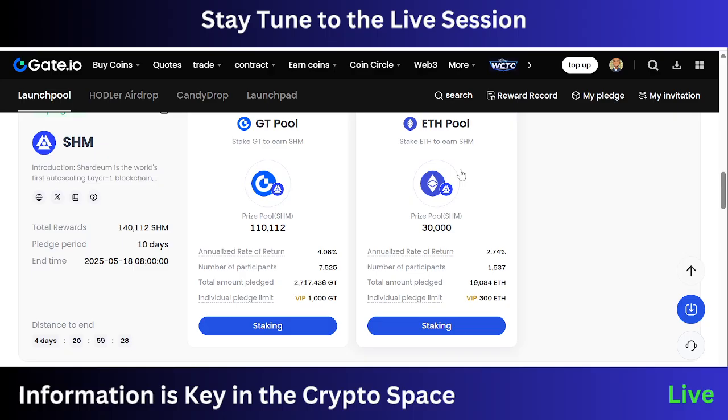So for the ETH pool, the 30,000 SHM is to be analyzed for its rate of return. The rate of return for the ETH pool to earn the SHM is 2.74%.